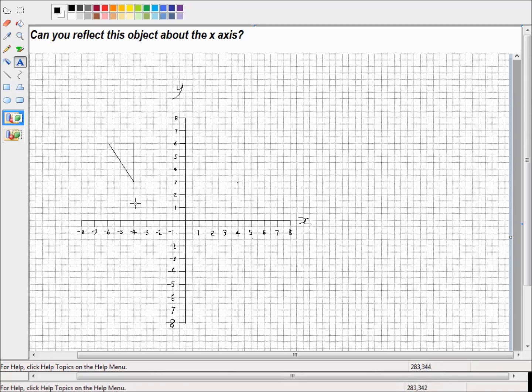So if this coordinate is -4, 3, then the image is going to be the same -4, but instead of being +3, it's going to be -3. So I make that point here. And this point here is at -4, 6, so we will want -4, -6.